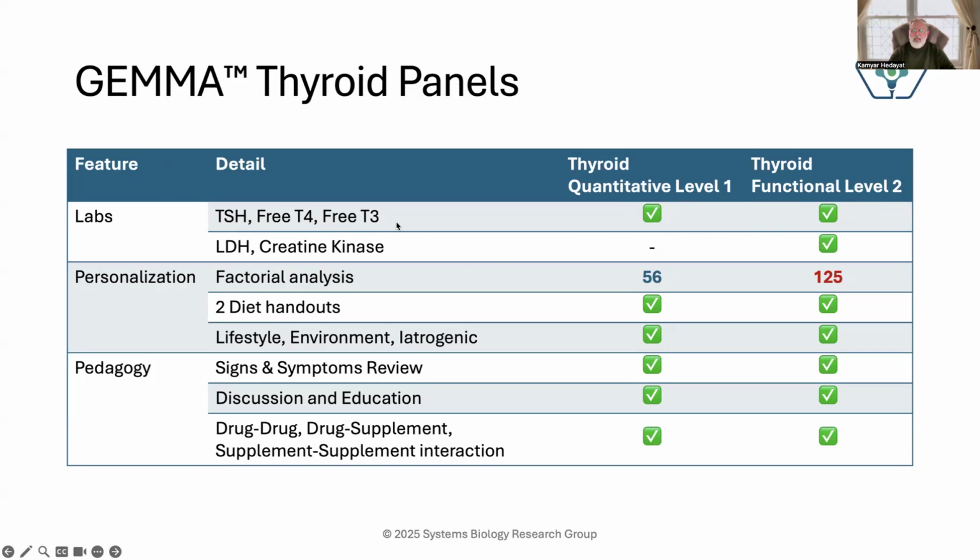The thyroid functional panel expands the set of what's possible by including two enzymes, lactate dehydrogenase or LDH, and creatine kinase, also known as CK or creatine phosphokinase.